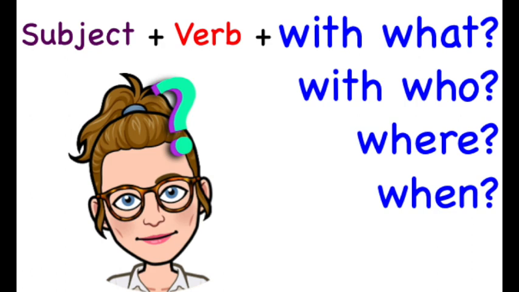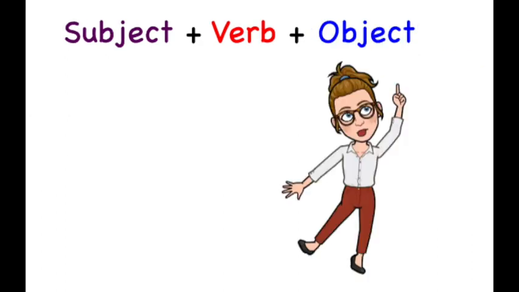So, plays with what? Plays with who? Plays where? We answer more questions about the boy. And this extra information after the verb is called the object of the sentence.